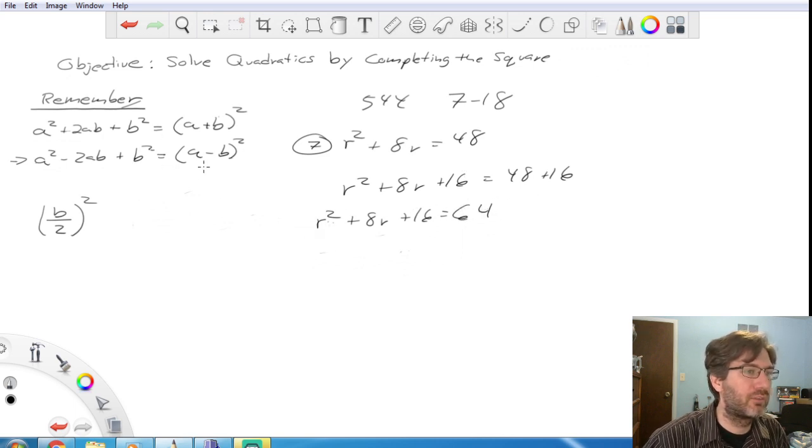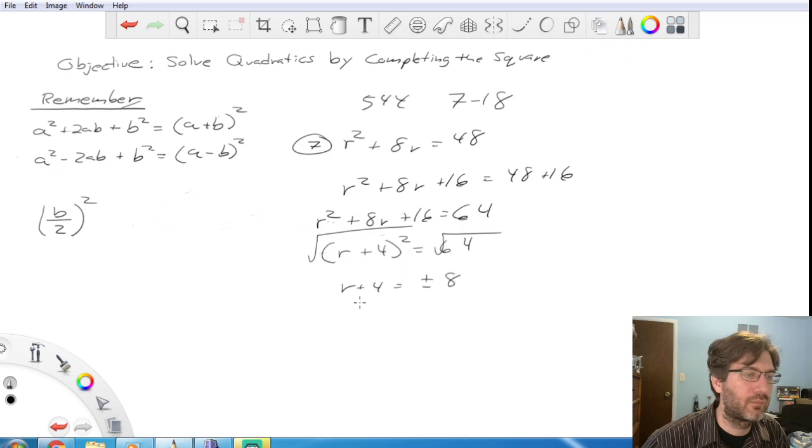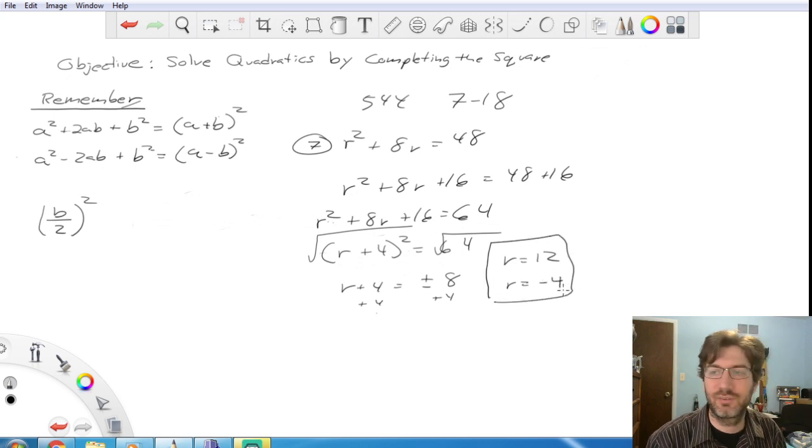Then, in this case we're using the first one because it's a plus, so factor it: r plus 4 squared equals 64. Take the square root of that side, take the square root of that side, you get r plus 4 equals plus or minus 8. Add 4, you get r equals 8 plus 4 is 12. Subtract 4 on the negative side, you get r equals negative 4. So those are your answers.